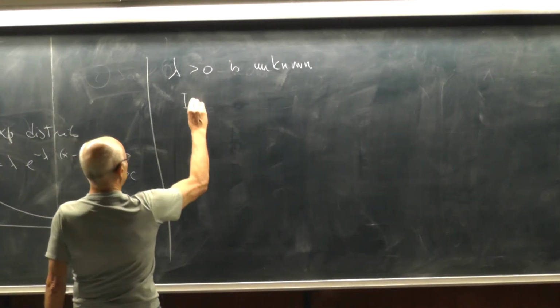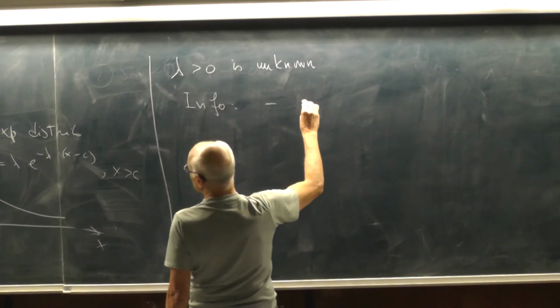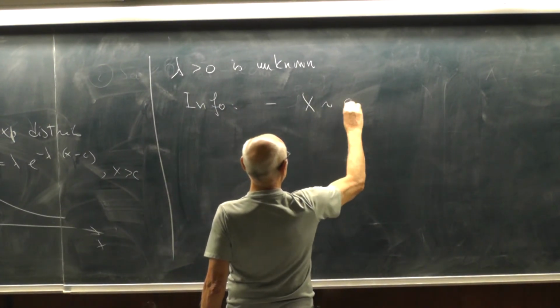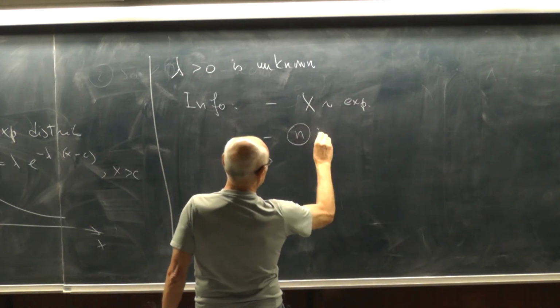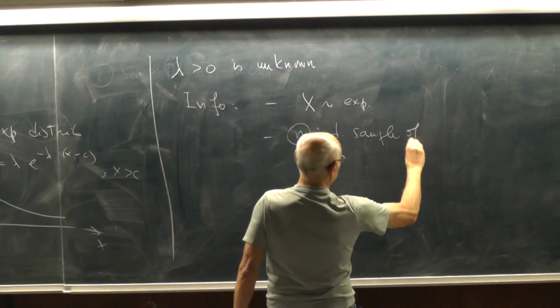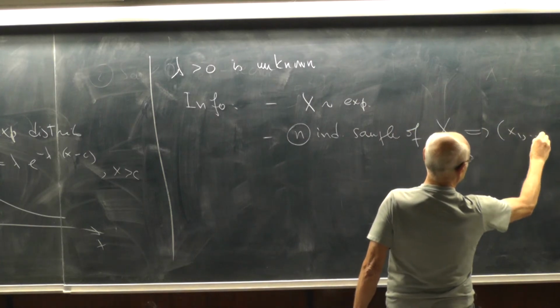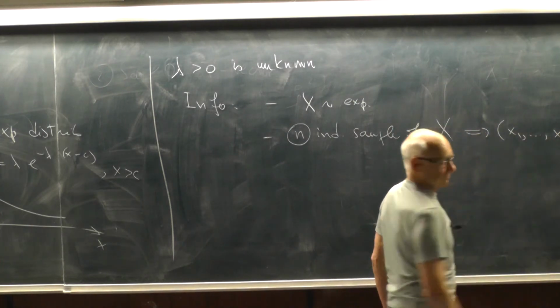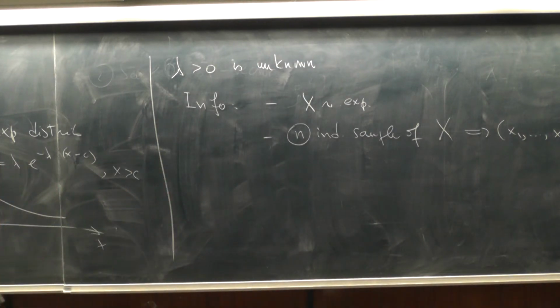So the information is x, it's exponential, and n independent samples of x. Let's call them x1 up to xn. Somebody went to the laboratory, measured it, and figured out these numbers.